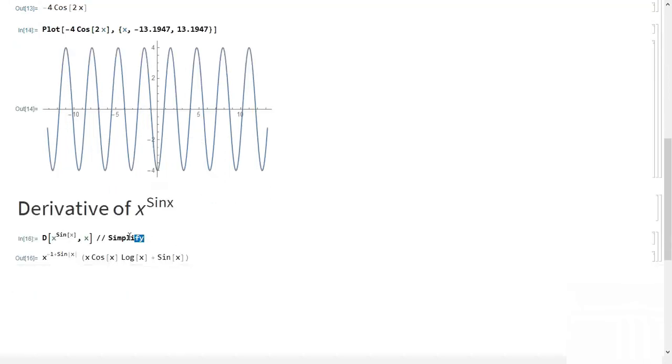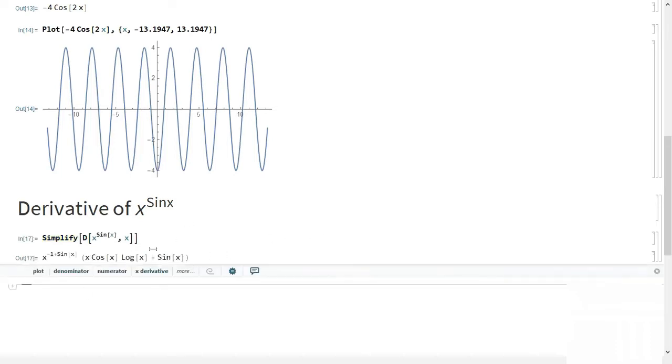But it's better to do it like this. Instead of using simplify here, it's better to use simplify in front and then put this whole thing into the argument of simplify. And as you can see, this is your expression.